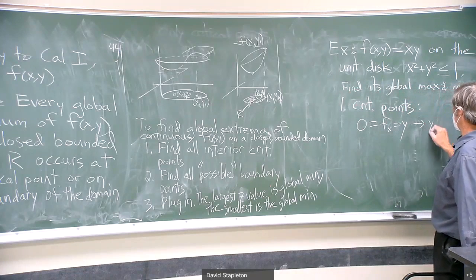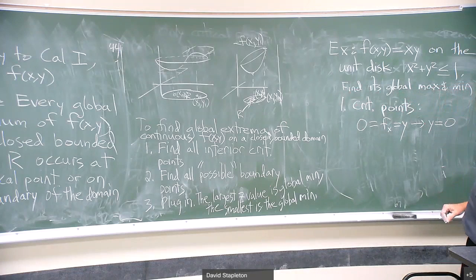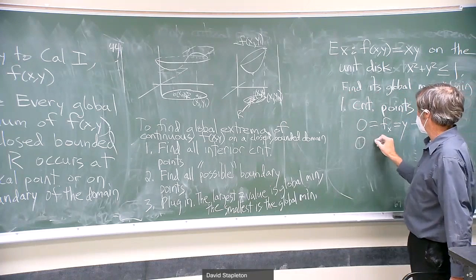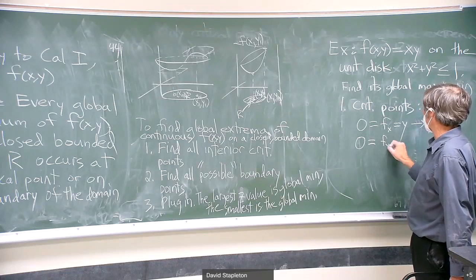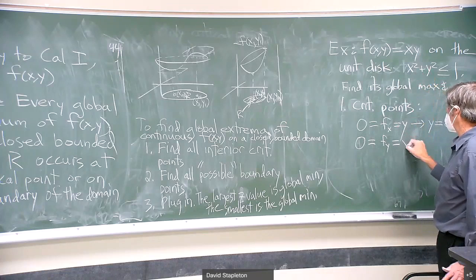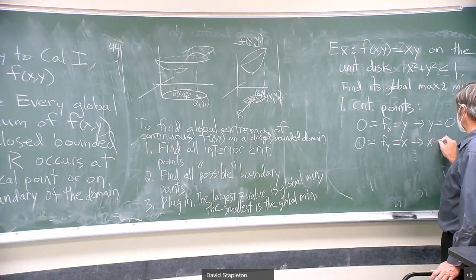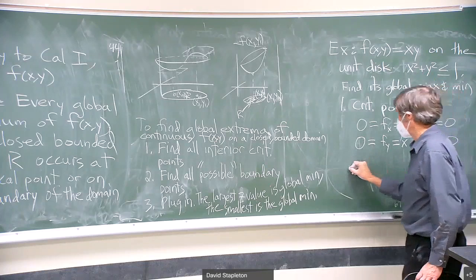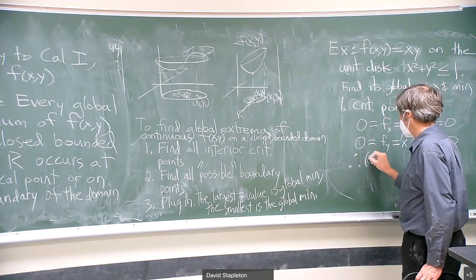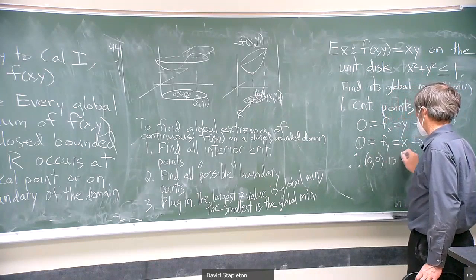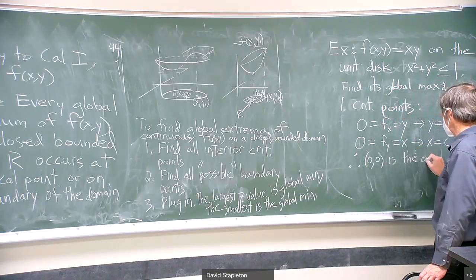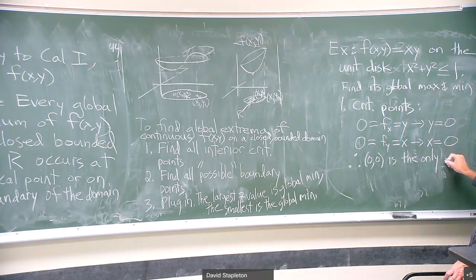That's the x-axis, y equals 0. But they also need fy equals 0, but fy is x. That's the y-axis, x equals 0. It follows that (0, 0) is the only critical point. That's the only interior critical point I need to check.